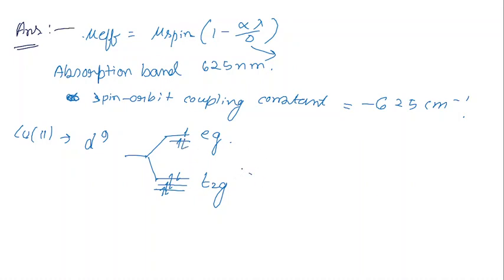Now it's a d orbital, 1 2 3 4 5, so 9 electrons we have to put.